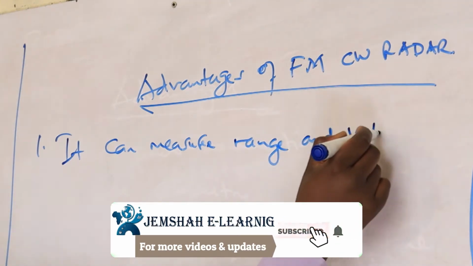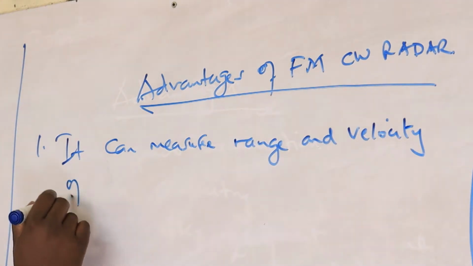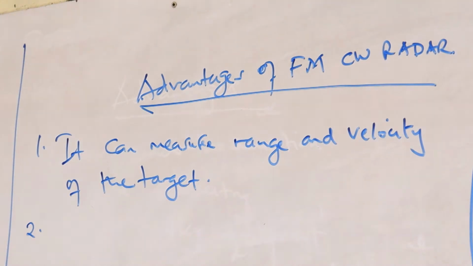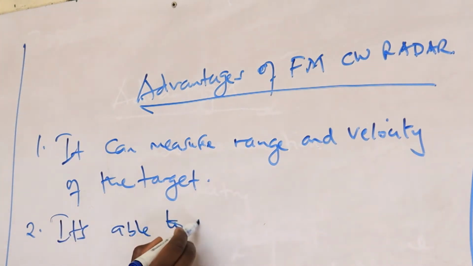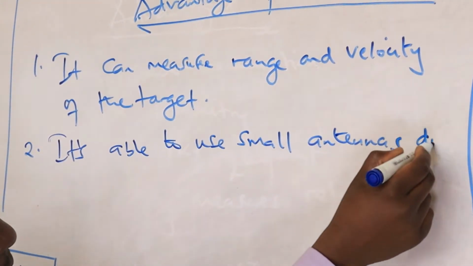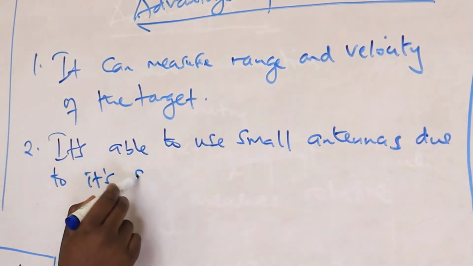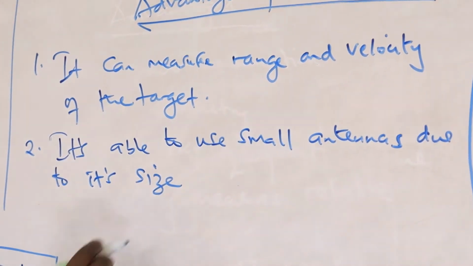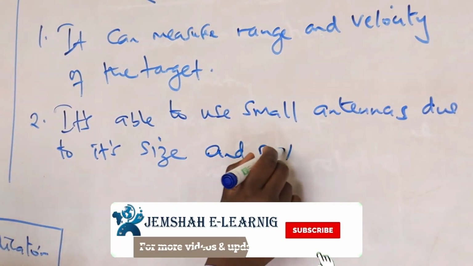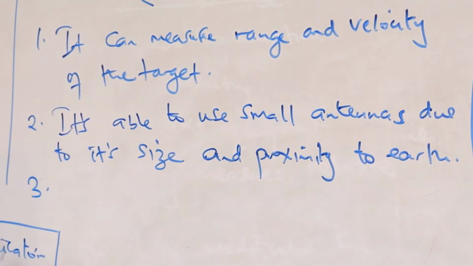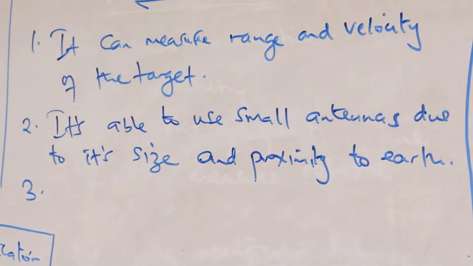Advantage number 2 is that it's able to use small antennas due to its size and proximity to Earth. Advantage number 3, equipment is less bulky.